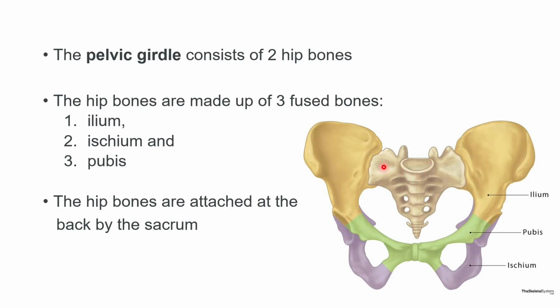So that is our pelvic girdle. Very important. It protects a lot of major organs that are situated here. And it helps us with balancing.